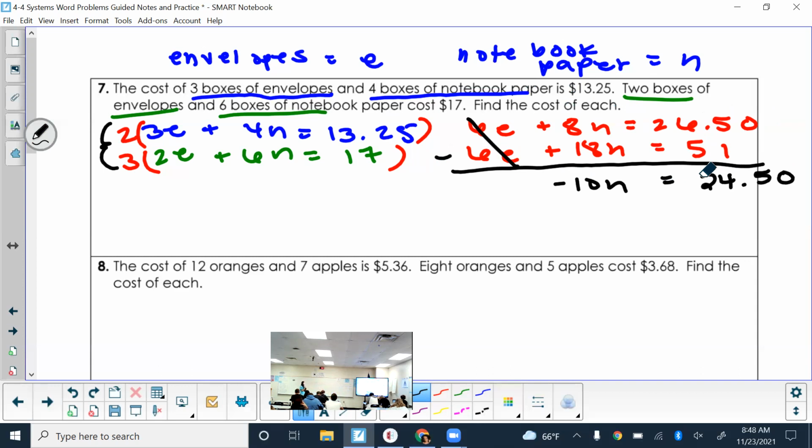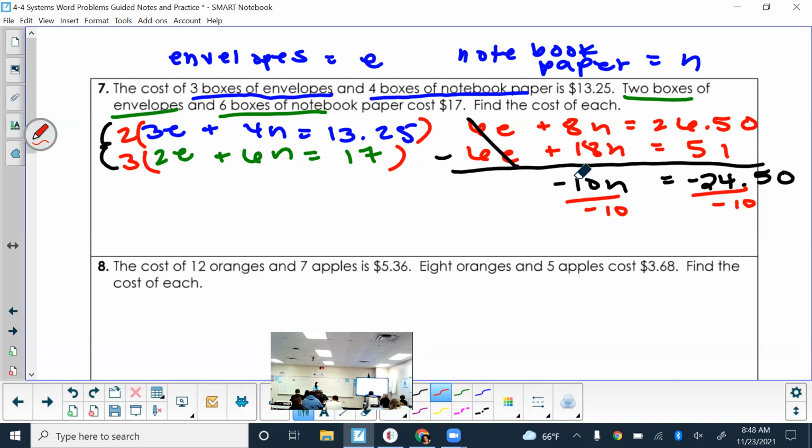Opposite of multiplying. Oh, and is this positive or negative? Remember, it was minus, right? So it should be negative. All right, and then opposite of multiplying by negative 10 is, good.